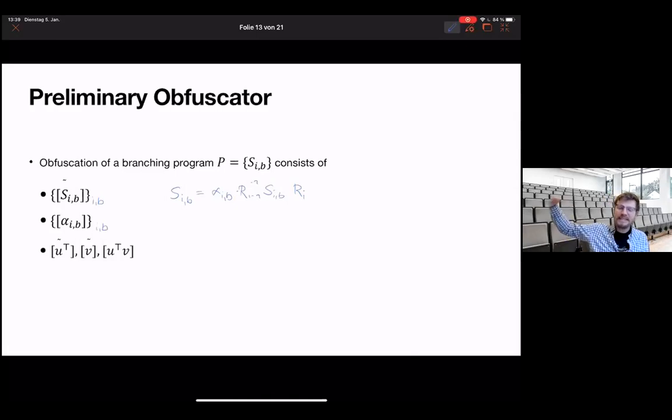And we've seen a high-level idea why this should prevent an adversary from running these partial evaluation attacks, right? If you give me these, since they're encoded in the multilinear group and they're randomized mostly via the alphas, the adversary cannot do linear algebra.